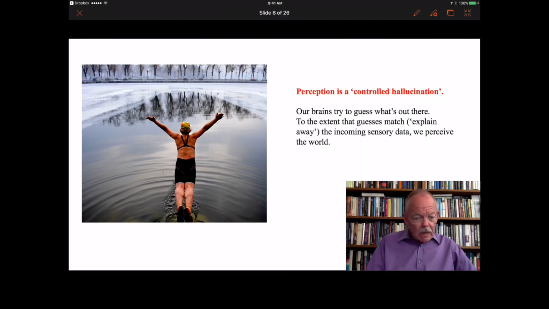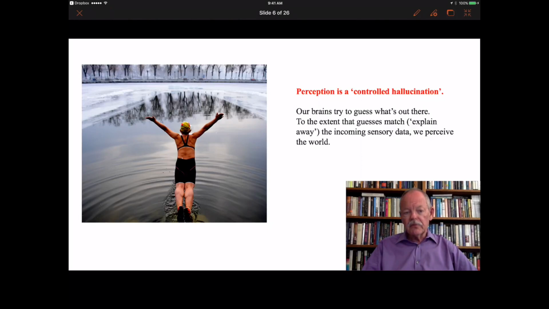Now, these are astounding statements because what they imply is that you don't see the world as it is. You see the world as you have seen it in the past. You see the world as you have imagined it or categorized it by accumulated prior knowledge.